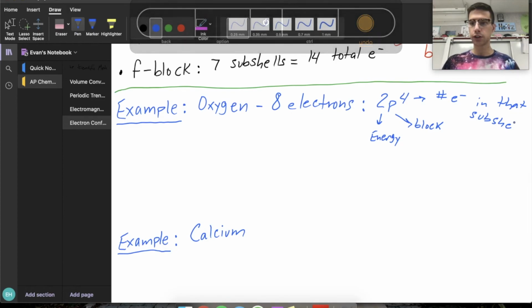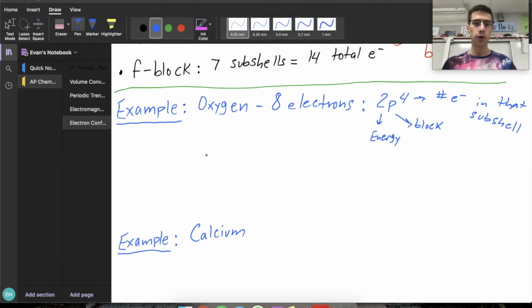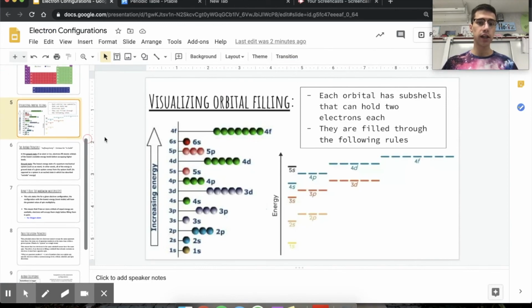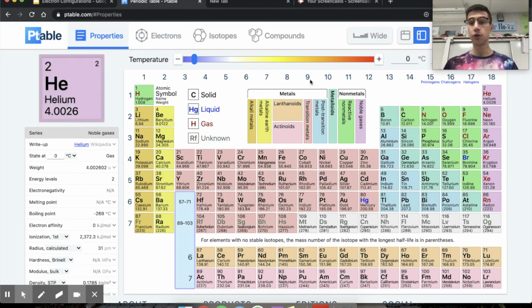Subshell. There we go. Okay, so like I said, we usually write them out in a straight line, but we write them out in the same order that they are ordered here based on their energy levels. Now this follows the trend that we would count through 1, 2, 3, etc., all the way through the periodic table.